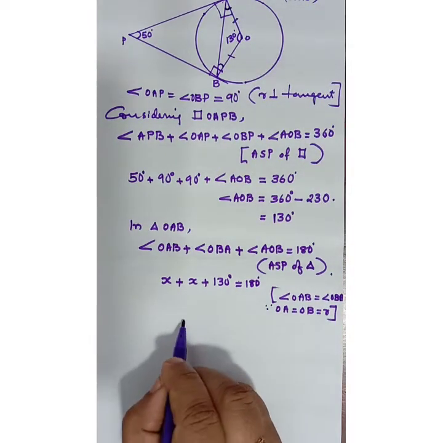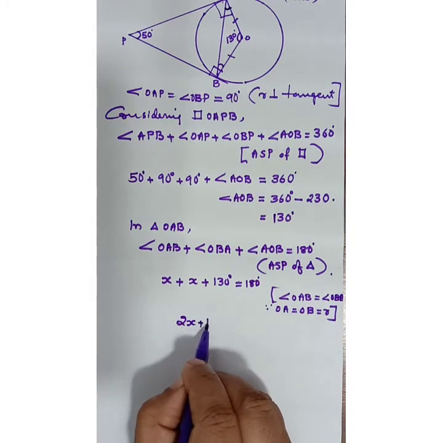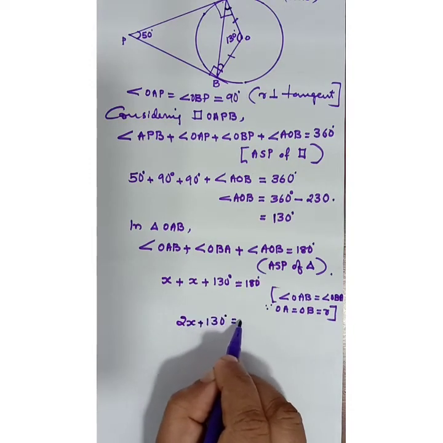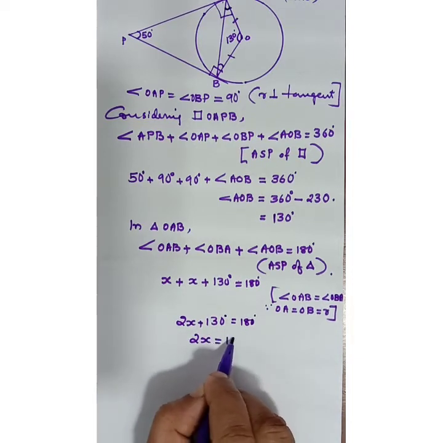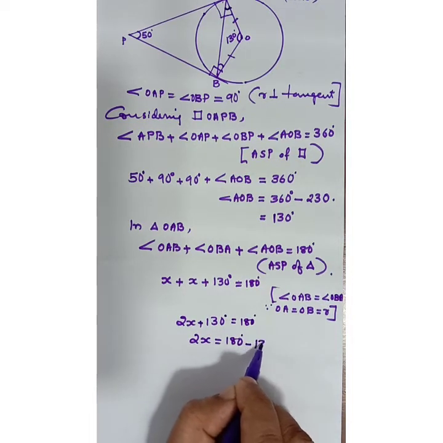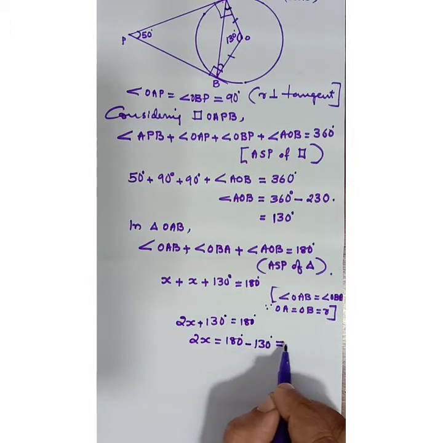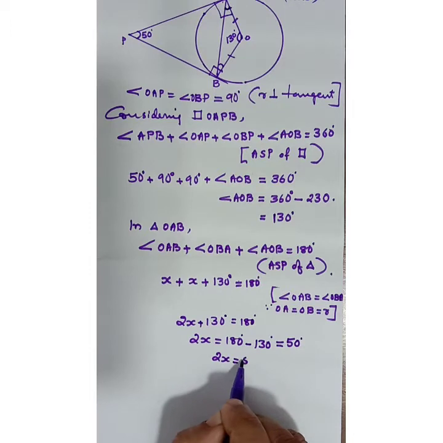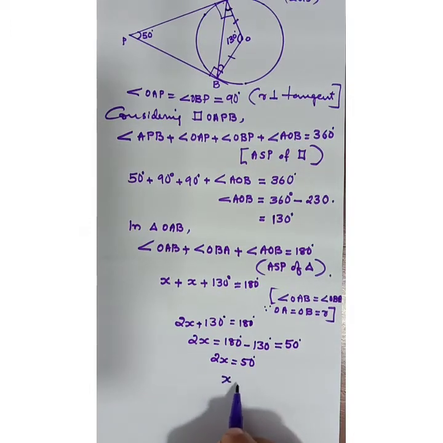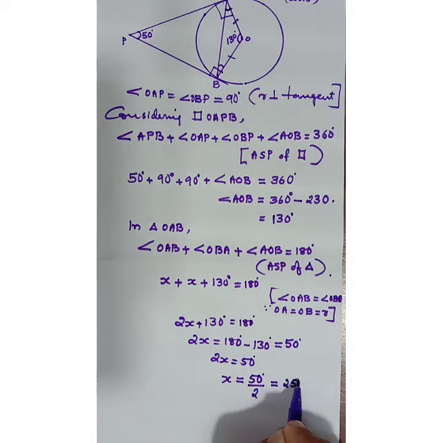So let us consider it as 2x plus 130 degree equal to 180. Subtract: 180 minus 130 degree is equal to 50 degree. 2x is equal to 50 degree. Therefore, x is equal to 50 degree by 2, that is equal to 25 degree.